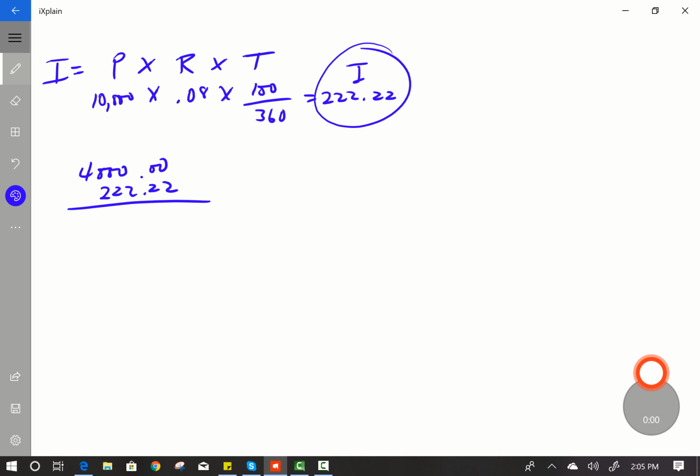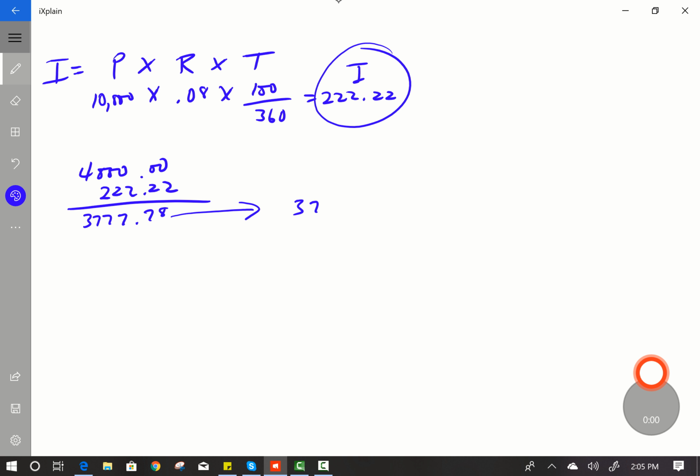The partial payment less the interest is going to give us $3,777.78. So that is the amount that we're going to credit this customer for making a partial payment.